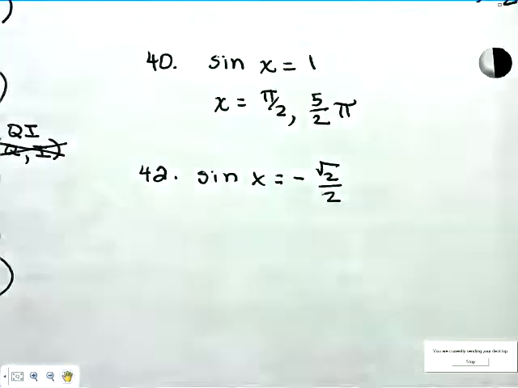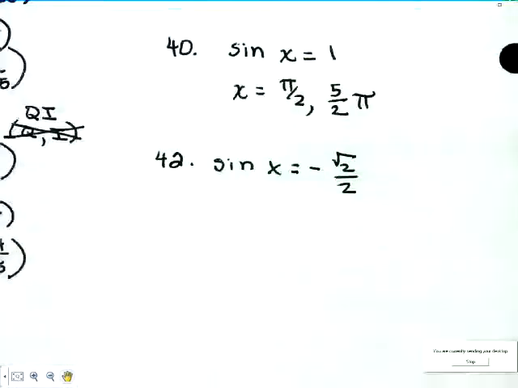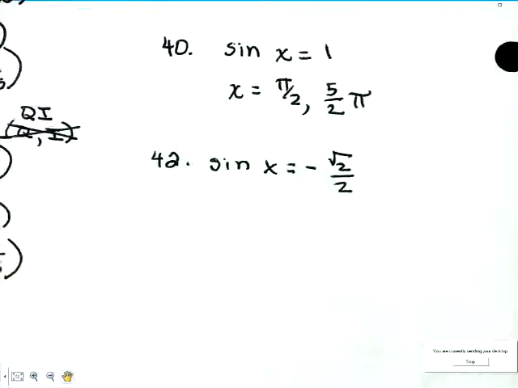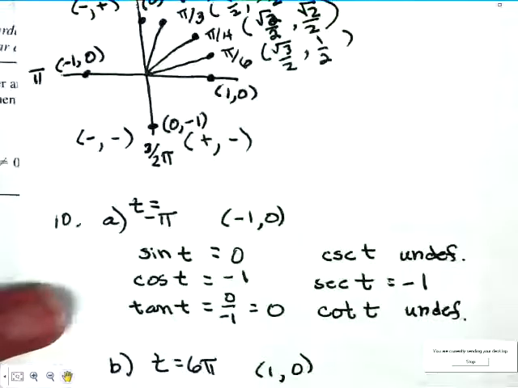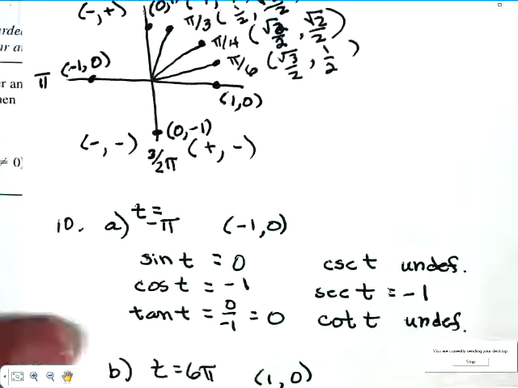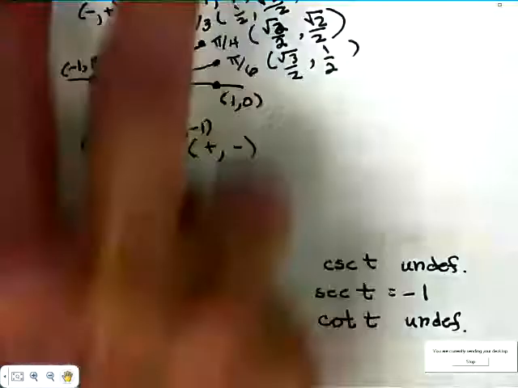Where, or in how many times in one revolution of the unit circle is the y coordinate negative square root of 2 over 2? How many quadrants have negative y values? 2 quadrants.